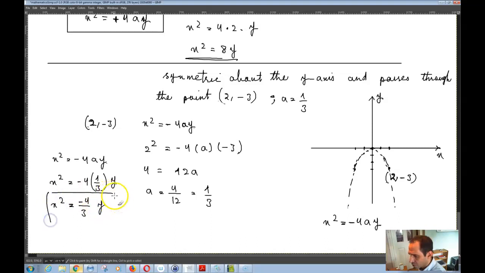That is the equation of your parabola. Or they have written this as 3x squared is equal to negative 4y. You can write it this way as well.